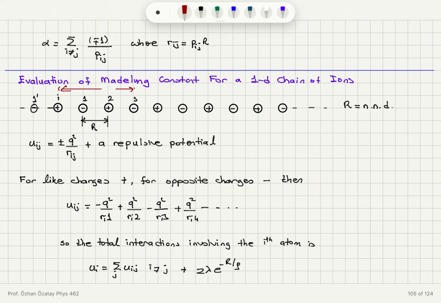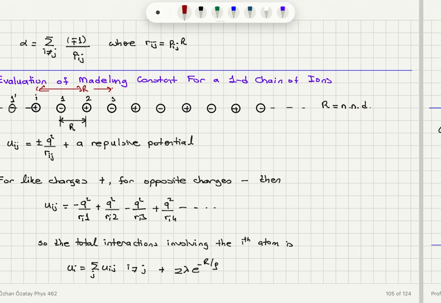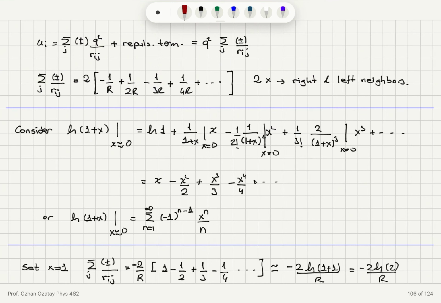And I will see that this will be the opposite charge, so minus q square over 3r, because it's attractive, minus 1 over 3r, and again multiplied by 2 because I will have the mirror image on the other side, etc. So this goes on like this.